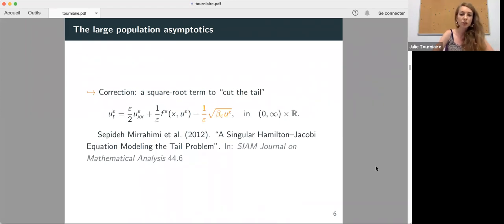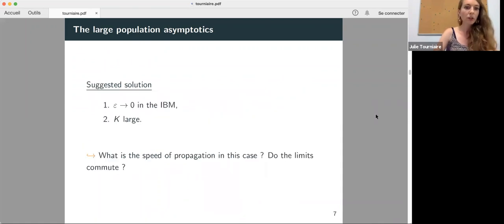Okay, so some corrections were suggested from the PDE point of view, for instance adding a negative square root term to cut the tail. But the question is, what is the biological interpretation of this term? So for biological concerns, we suggested another solution.